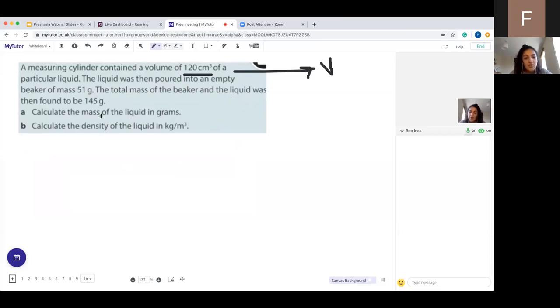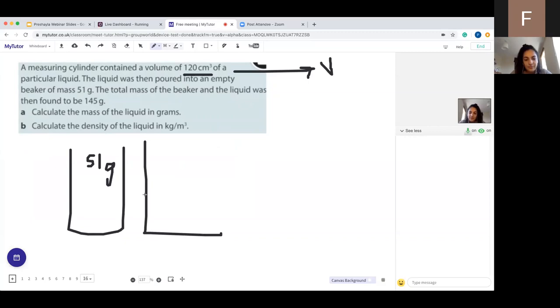So what is the mass of the liquid? So the empty beaker without any liquid in is 51 grams. The beaker with liquid in is 145 grams. So what is the mass of the liquid?